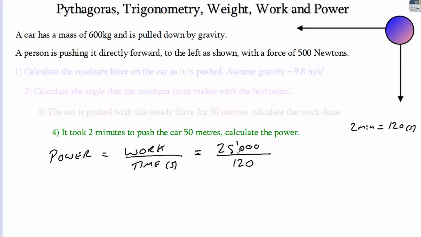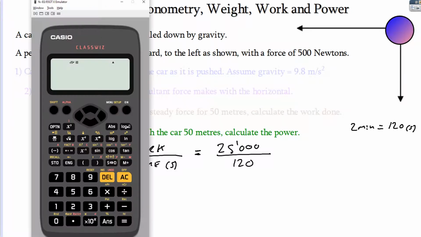So we do 25,000 divided by 120. 208.3 recurring.